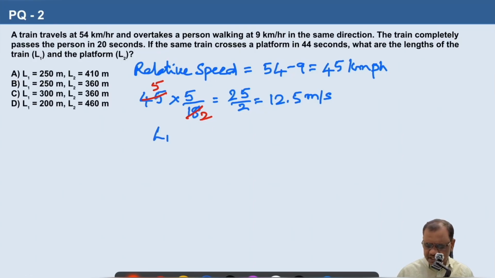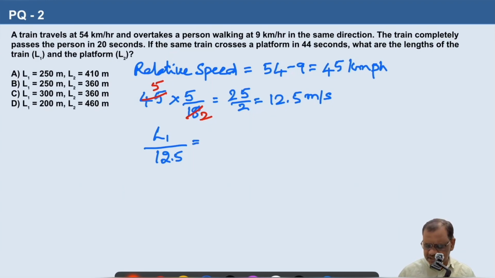So the length of the train is L1 and relative speed is 12.5. This is the distance to be covered, L1, at relative speed 12.5. How long will it take for the train to cross the person? 20 seconds.